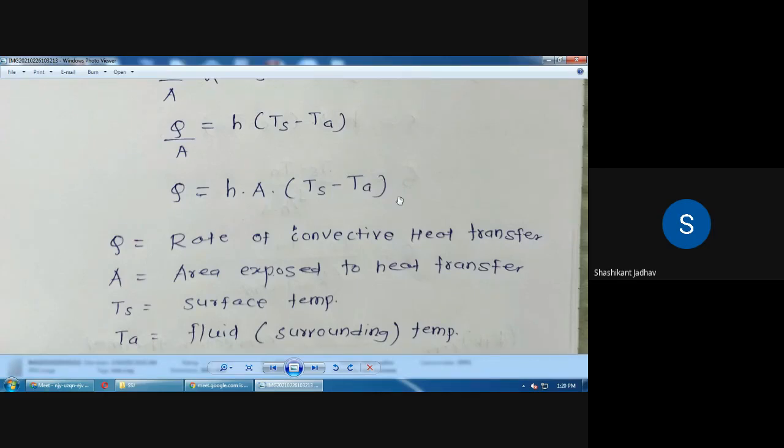The plate we have considered, the surface area in contact with the air, is nothing but the area exposed to heat transfer. So write down A is equal to area exposed to heat transfer.